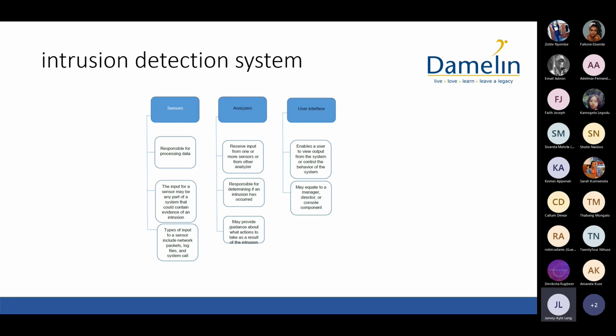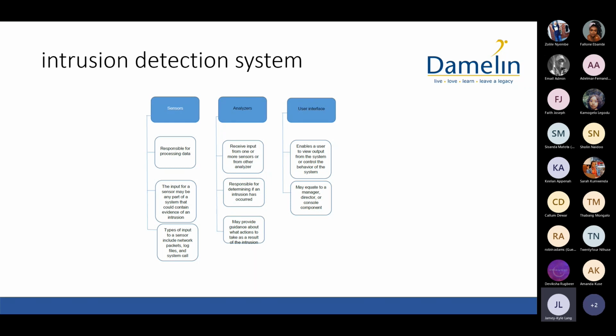So if you're looking at intrusion detection systems, they're really classified into these three main categories. You have the sensors that are constantly picking up the data, looking for data packets. We have the analyzers, which receive input from one or more sensors or from other analyzers and are responsible for determining if any intrusion has occurred. Bear in mind that intrusion detection systems can be in the form of hardware or in the form of software. Same thing applies to firewalls, okay?